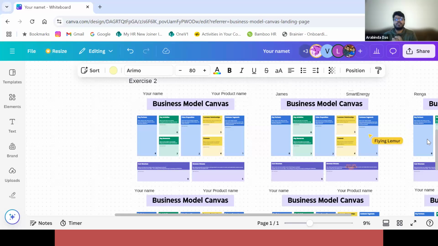You already have your customer segments, you already have what the goal is, that means your value proposition. And your key features, so the key activities, the resources. There is a small statement on the top of each section which will help you on what you think should go in that section of your product that you have thought of.